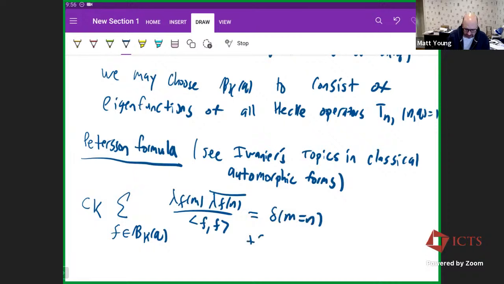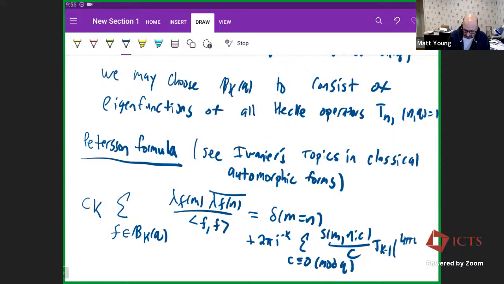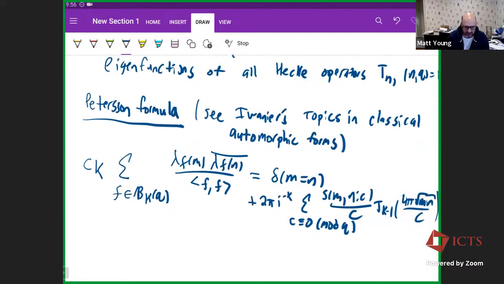And then plus some infinite sum. It's 2 pi i to the minus k, sum over c congruent to 0 mod q. I don't know if other people have mentioned this Petersson formula this week, but it looks like this. You have a sum of Kloosterman sums, and then you have the k minus 1 Bessel function at 4 pi square root of mn over c. So the delta function is your main term, and the sum of Kloosterman sums is an error term.